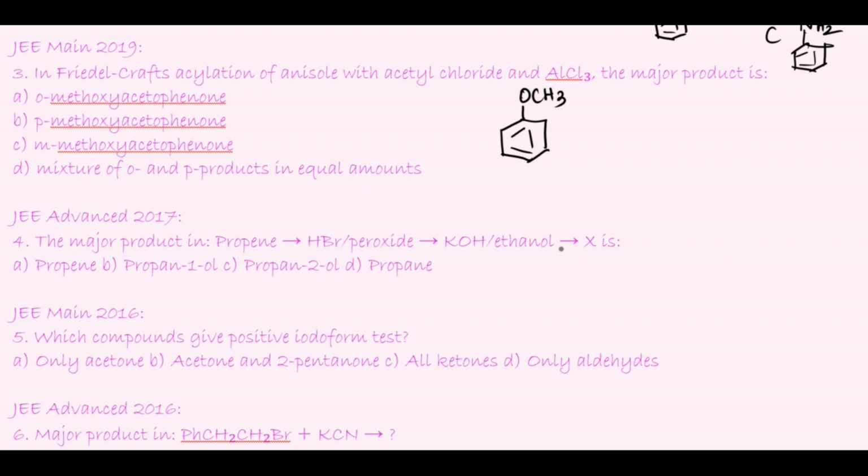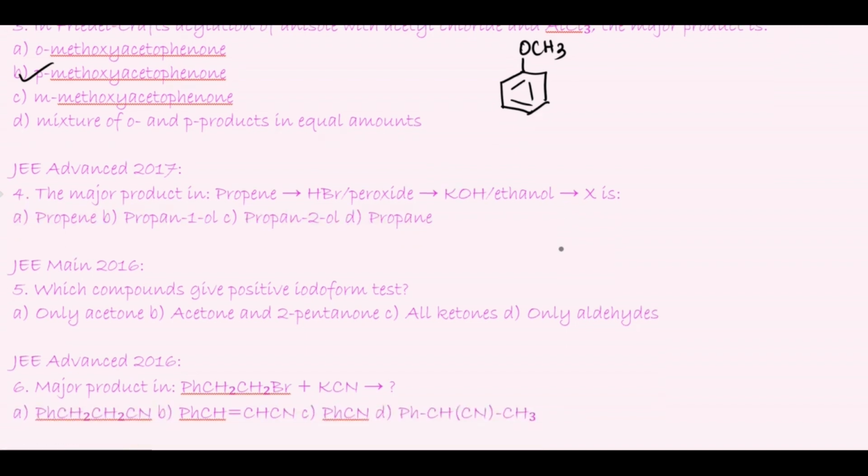It is an electron donating group, so it directs to the ortho and para positions. The para position is much easier because it overcomes the crowding. As simple as that: ortho methoxy acetophenone. Sorry, para methoxy acetophenone.